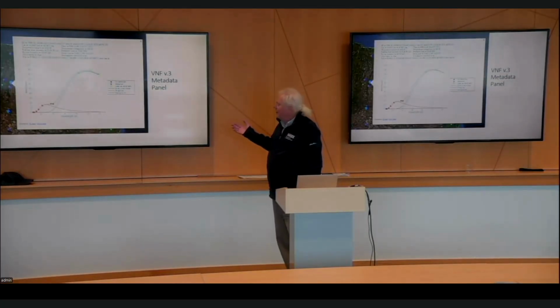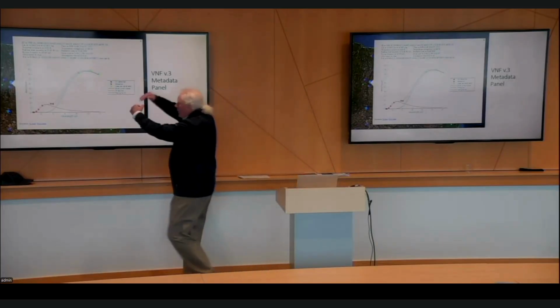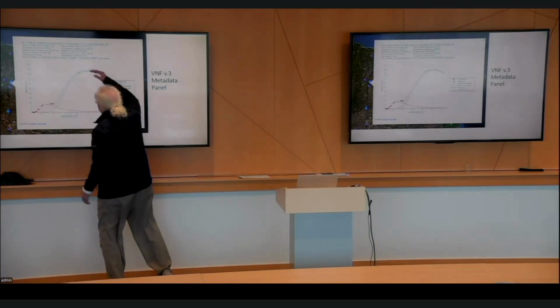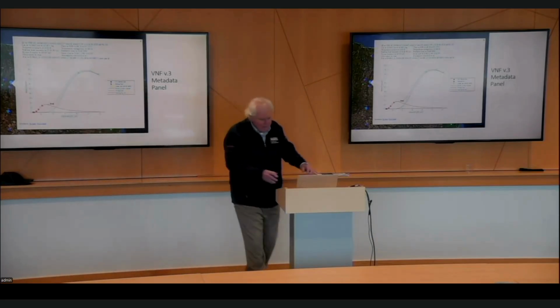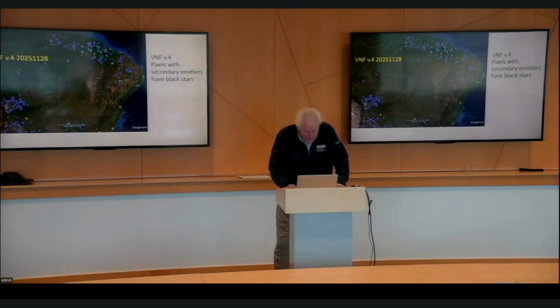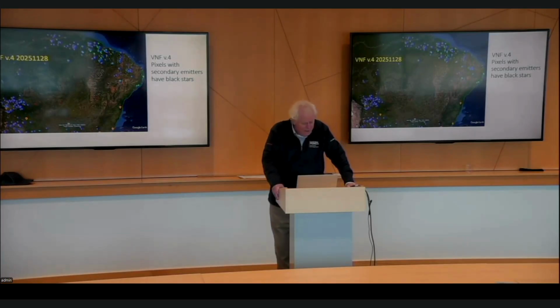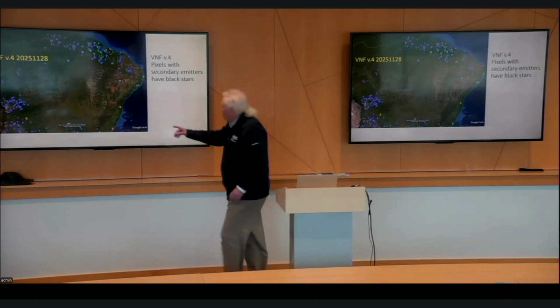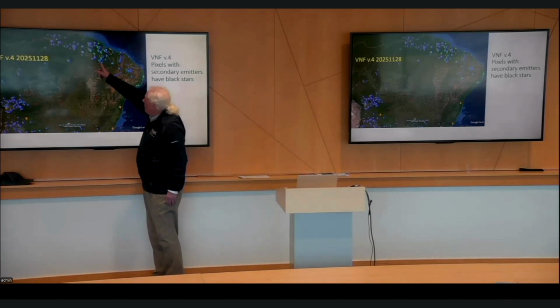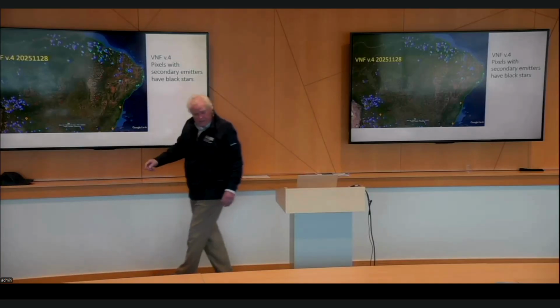We looked at an example a couple of slides back. It has two Planck curves, one for the hot object and one for the background. And right now we run both algorithms. And so we have another algorithm, VIIRS Nightfire version 4. And if we find a secondary emitter, oftentimes we don't find one, but when we do, we place a little black star inside the place mark.